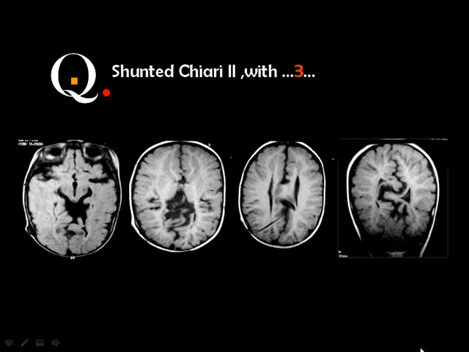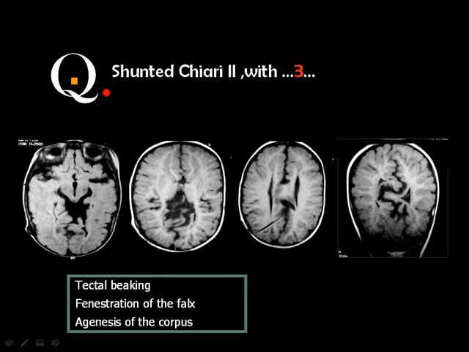Chiari-2 malformation with 3 other findings. Fenestration of the falx, very good. Peaking of the tectum, very good. Agenesis of the corpus callosum, very good.